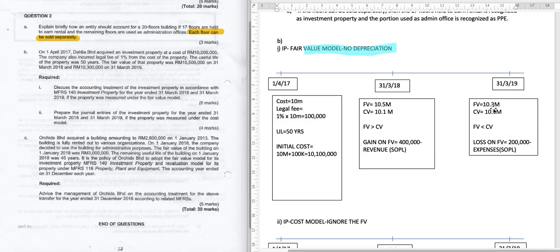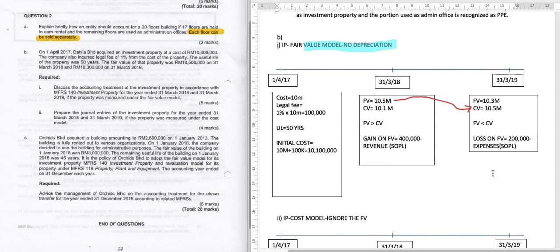On 31st March 19, the fair value is 10.3 and carrying value is just carry the 10.5 here to here because it is not depreciated. Alright, so fair value is lesser than the carrying value. There was a loss on fair value of 200,000 and to be treated as expenses in SOPL.